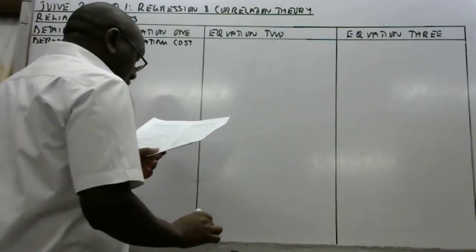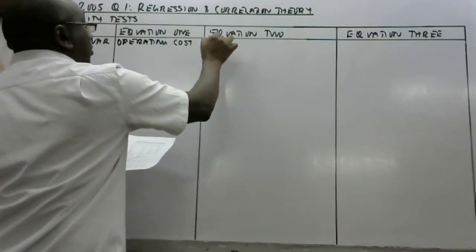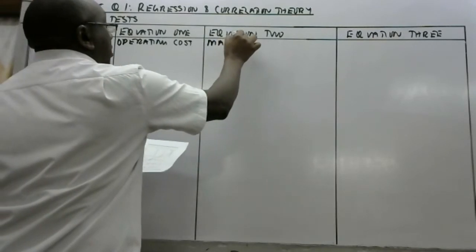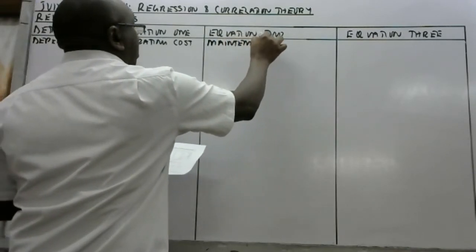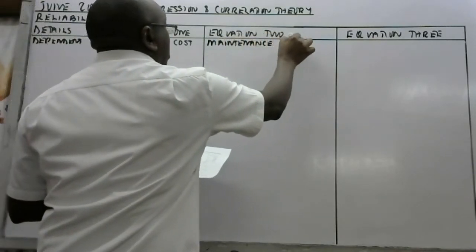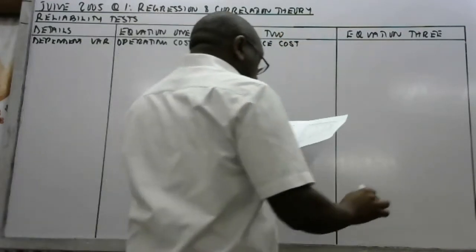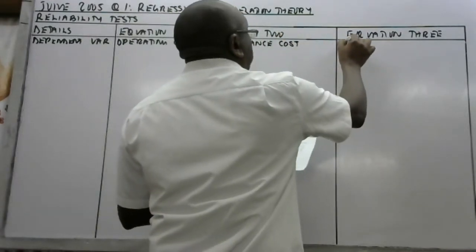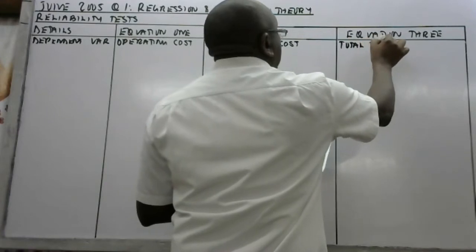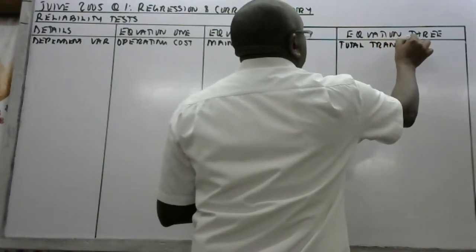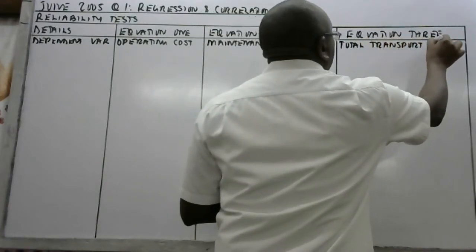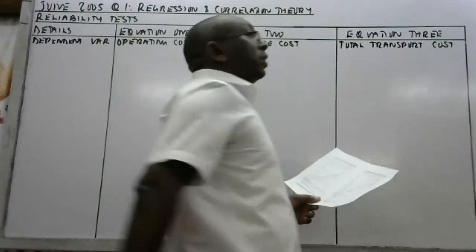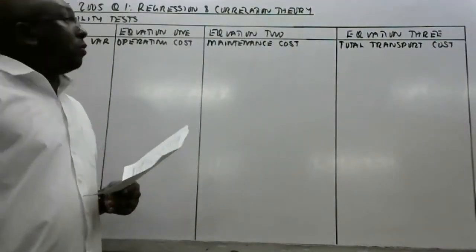In equation 2, it is the maintenance cost. In equation 3, it is total transport costs. That is the dependent variable. Why?